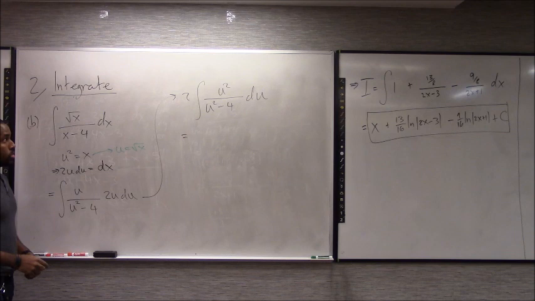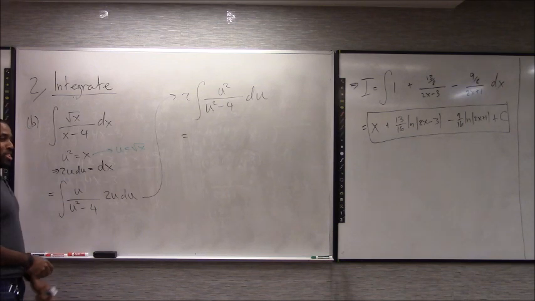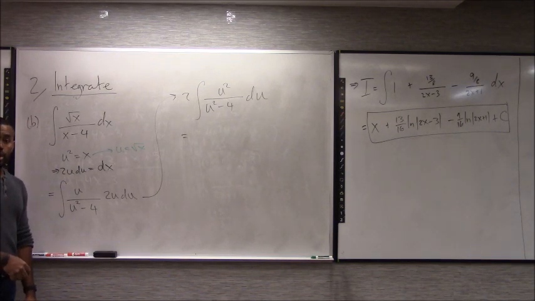Trig sub? No. Not wrong, but not preferred. If you were to do a trig sub, what would the trig sub actually be? It's u squared minus a squared, so u equals 2 secant theta.